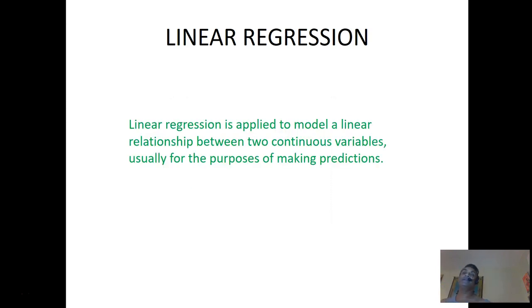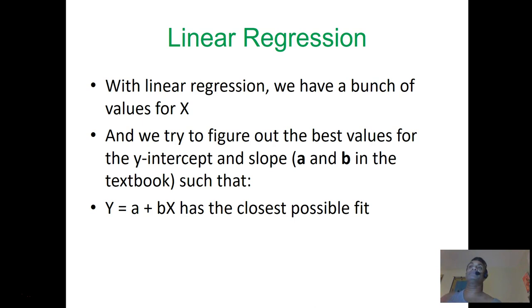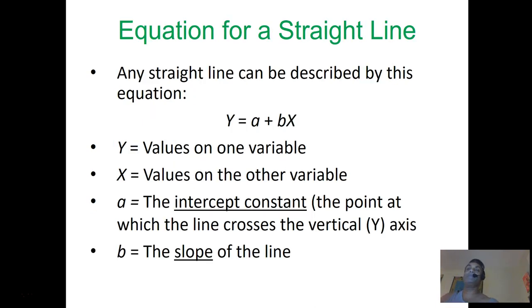So we are modeling a linear relationship between 2 variables for the purposes of making a prediction. To do so, we have a bunch of numbers for x, and we try to figure out the best values to create our straight line equation, which is y equals a plus bx. So we have a bunch of points on our scatter plot. Which straight line equation best fits that plot?